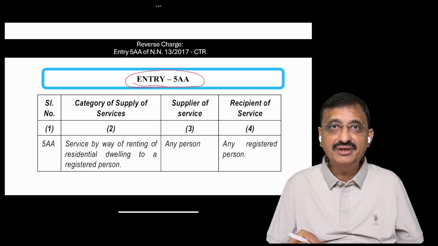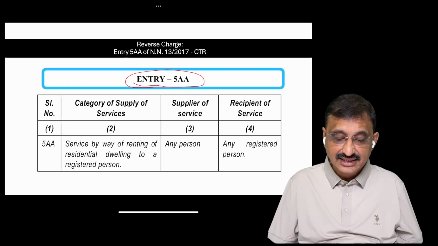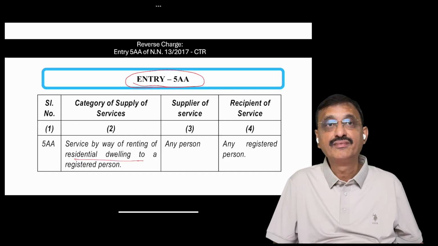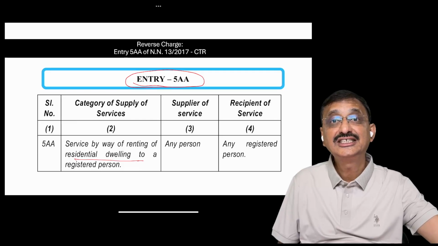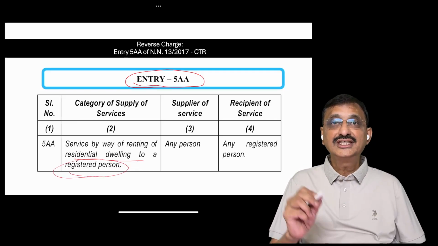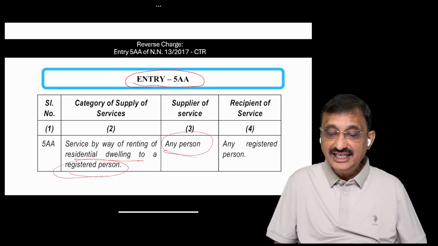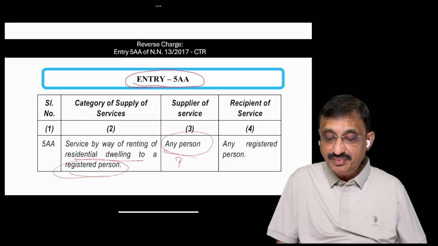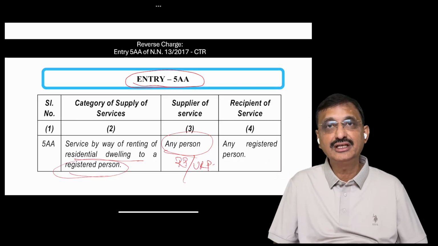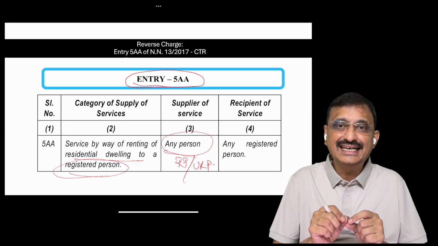Okay. What does this entry number 5AA state? Service by way of renting of residential dwelling to a registered person. Who is the landlord? Landlord is any person. He can be a registered person or an unregistered person. Any person can be the landlord. But who is the tenant?